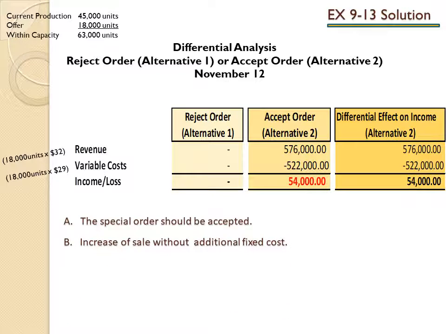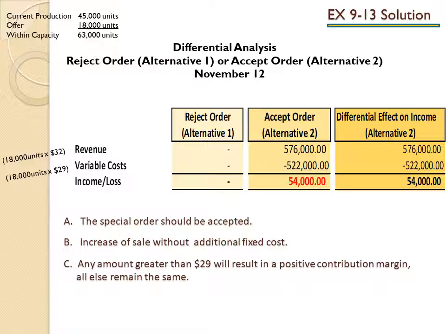Under requirement number 2, we are tasked to explain the reason why accepting this additional business will increase operating income. This is because of the increase in sales without adding additional fixed cost. For requirement letter C, what is the minimum price per unit that would produce a positive contribution margin?